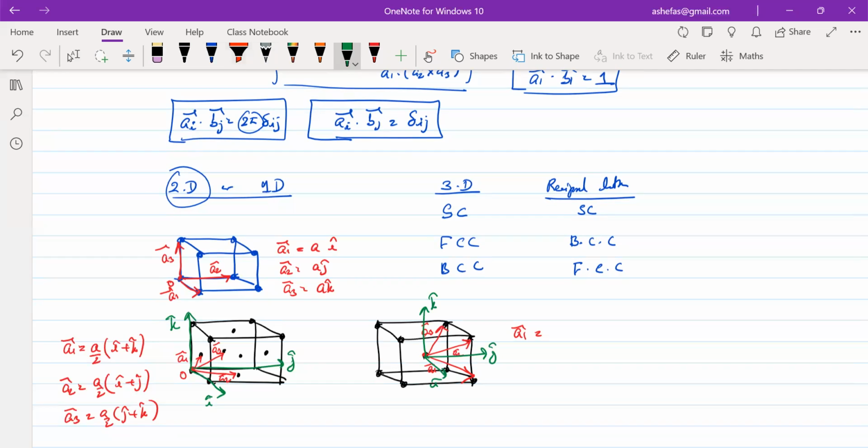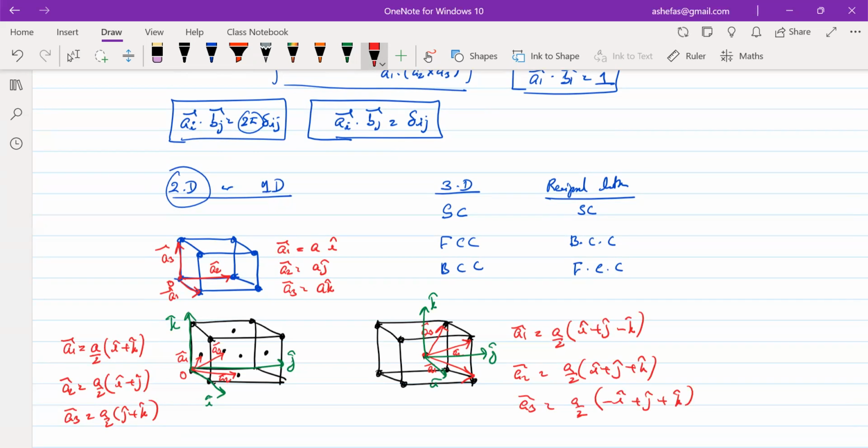So A1 is A by 2 times plus i plus j minus k, A2 can be A by 2 times i plus j plus k, and A3 is A by 2 times minus i plus j plus k.